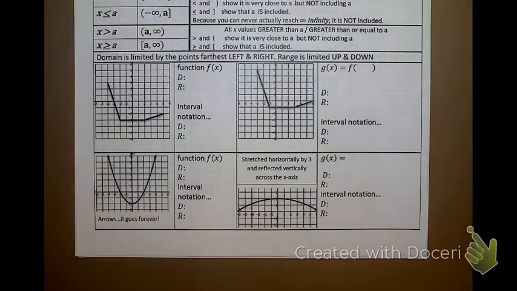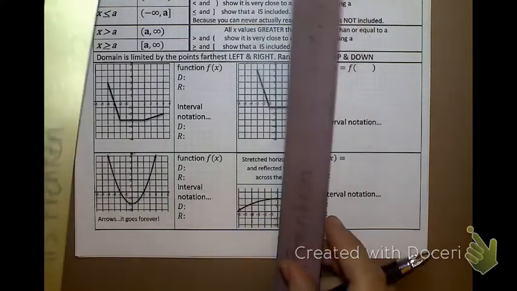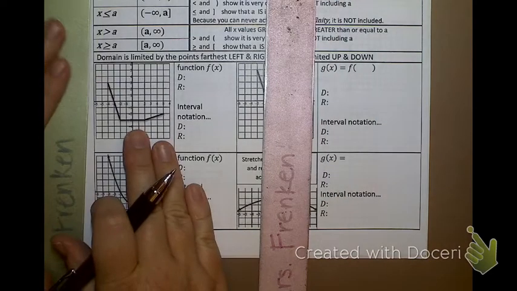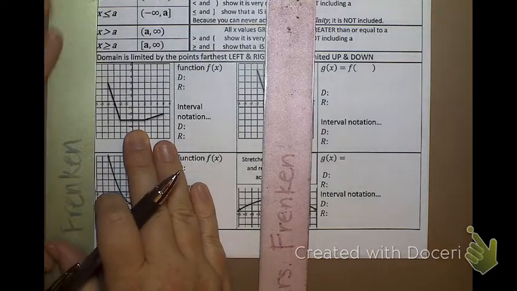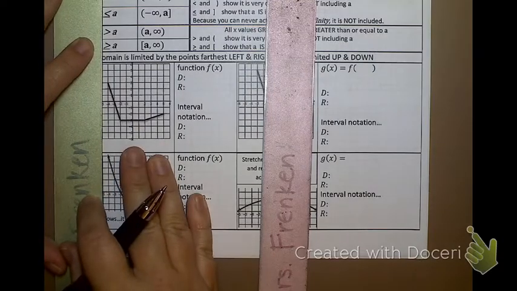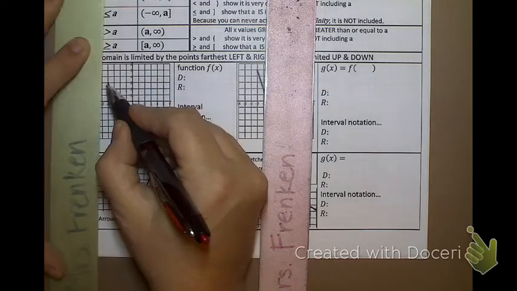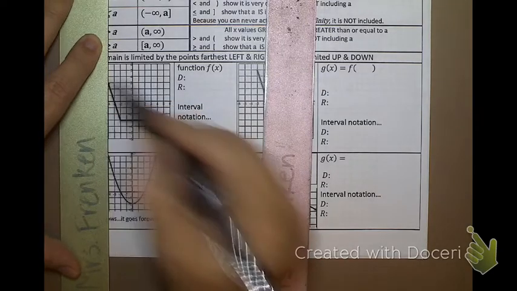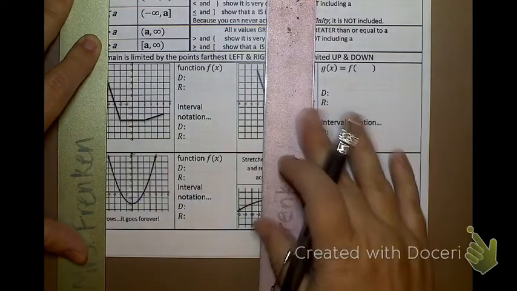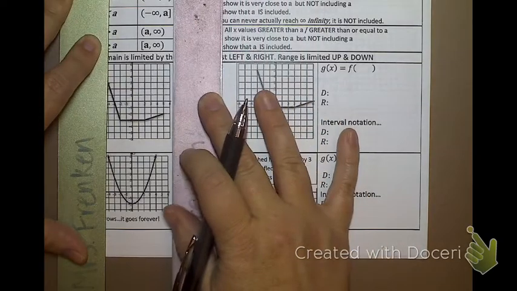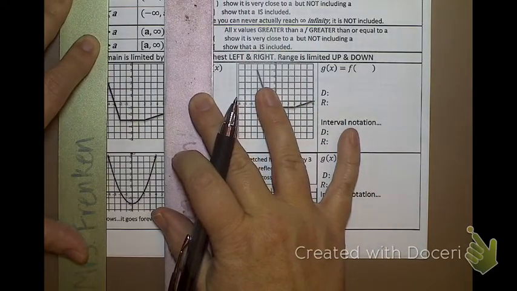So domain is talking about left to right boundaries. In other words, I want to find the absolute smallest window I possibly can that will still show me every piece of my graph. Which means that from left to right, I could close in all the way to here, couldn't I? Because that's where my graph ends. And on this side, I could close in all the way to there.